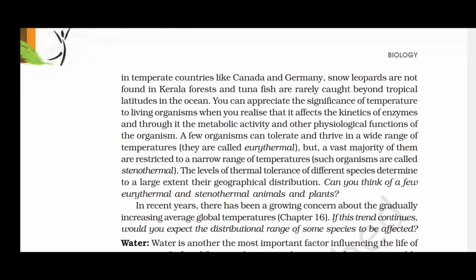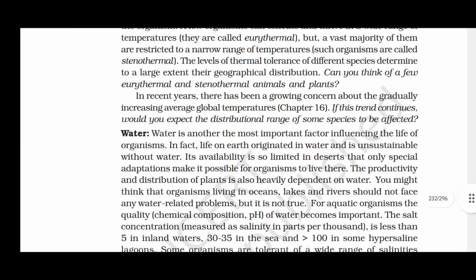Can you think of a few eurythermal and stenothermal animals and plants? In recent years, there has been a growing concern about the gradually increasing average global temperatures. If this trend continues, would you expect the distributional range of some species to be affected?